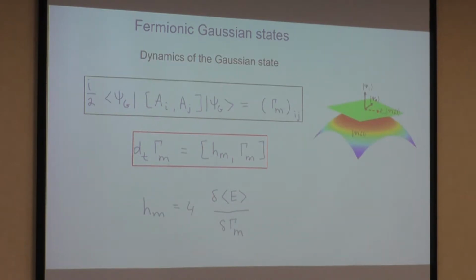OK, and then you can actually make the same arguments for calculating variational dynamics. You give me a complicated interacting Hamiltonian, but I make an assumption that I can describe it as a Gaussian state. Remember, the simplest Gaussian state is a Slater determinant.